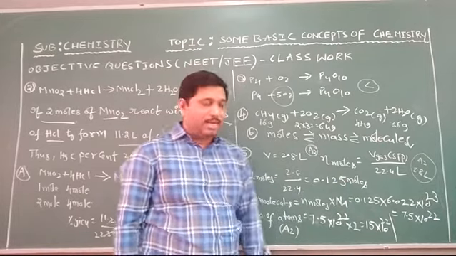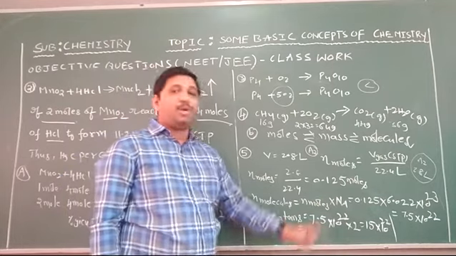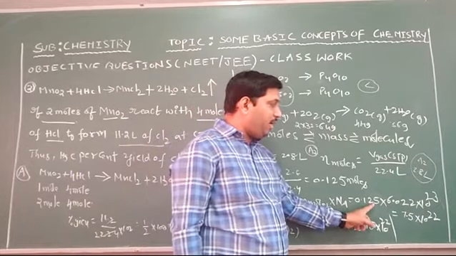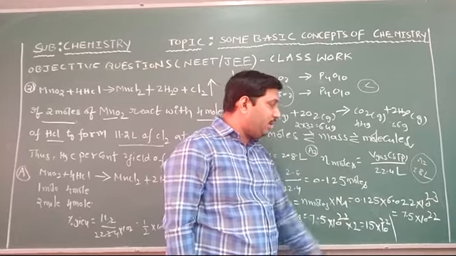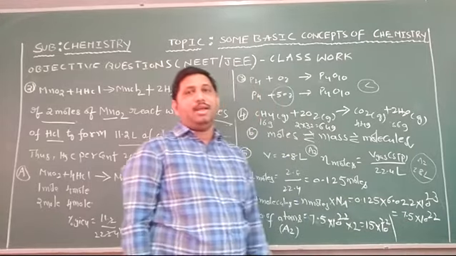Number of moles is calculated. Next, number of molecules is equal to number of moles into Avogadro number. 0.125 into 6.022 into 10 to the power of 23 is equal to 7.5 into 10 to the power of 22 molecules.